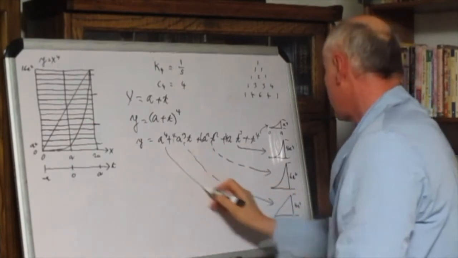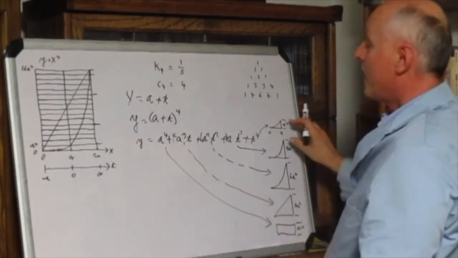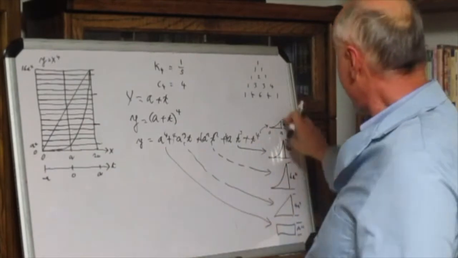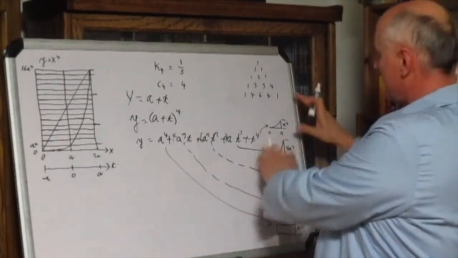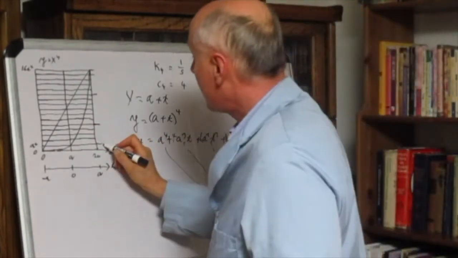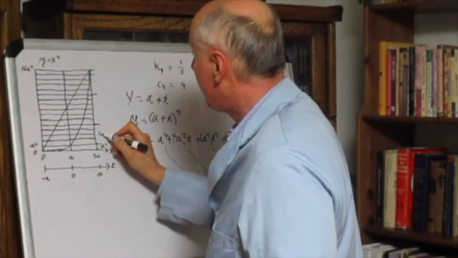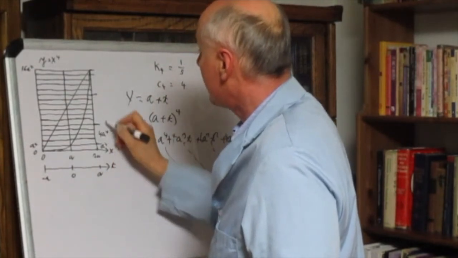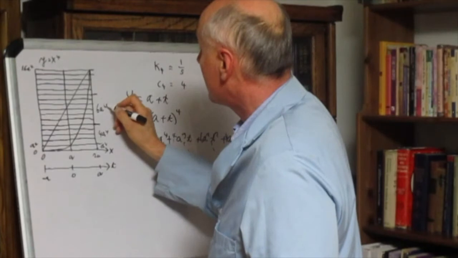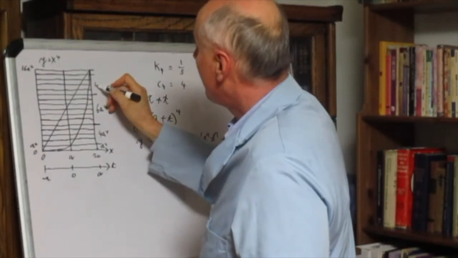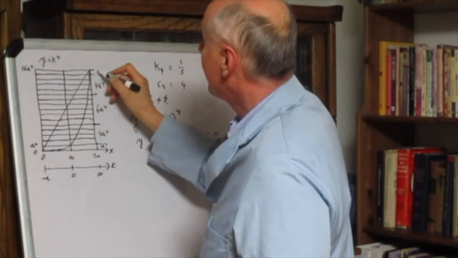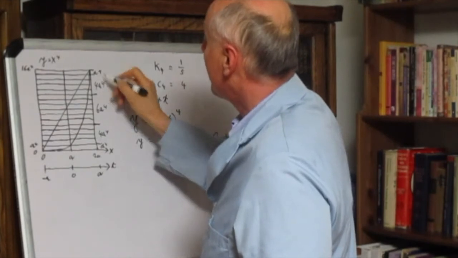So that's how they're stacked. And when you put all these together, you get a to the fourth, 4a to the fourth, 6a to the fourth, 4a to the fourth, a to the fourth.